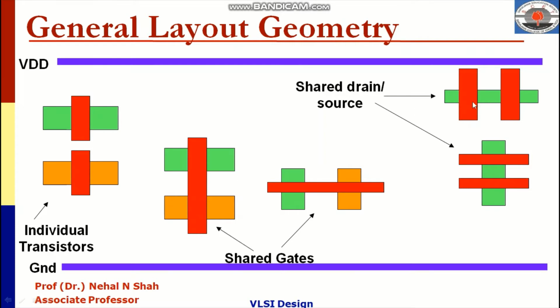Now if we are sharing drain or source, we can connect two transistors with vertical gates side by side, or we can put them one on the top of other. So in this kind of arrangement, we can either share drain of one transistor with source of another, or drain of both the transistors or source of both the transistors.